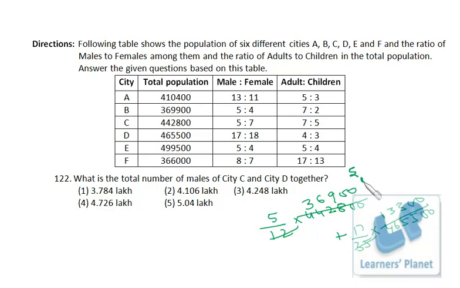So 5 plus 1, 6. So when we multiply these two and add, the digit immediately before 0 must be 6. So that's there in this option and this option, right? We'll be having 2 more zeros, so it is 410600. Okay, it's actually this.